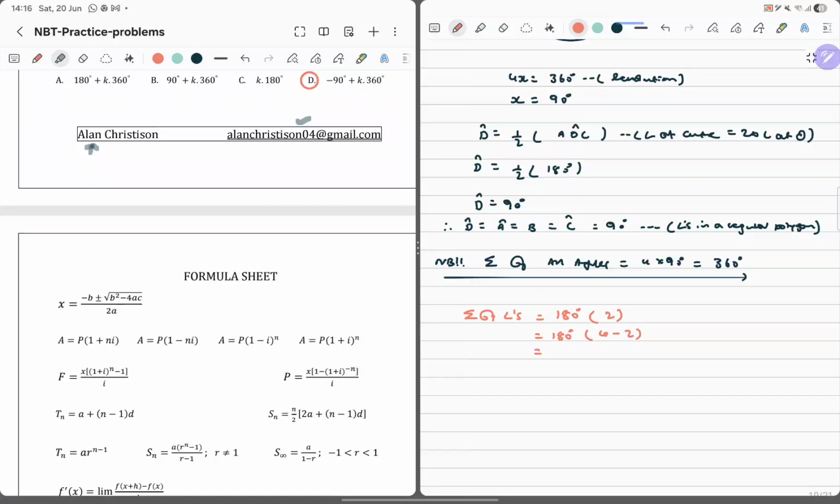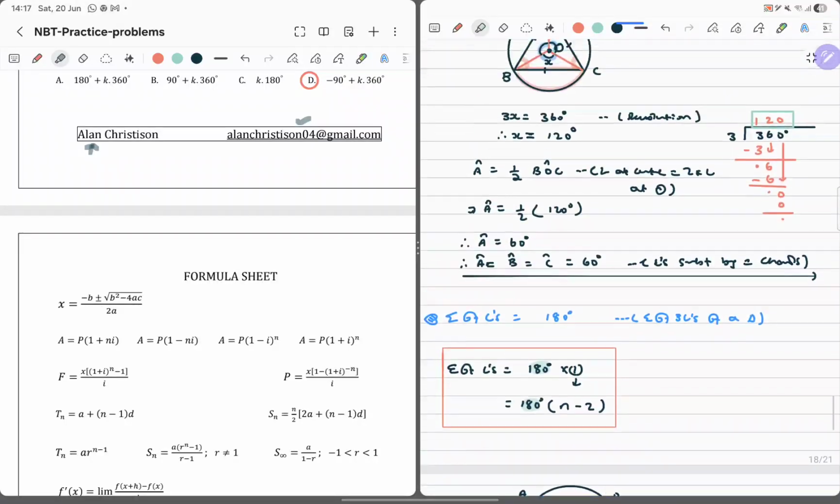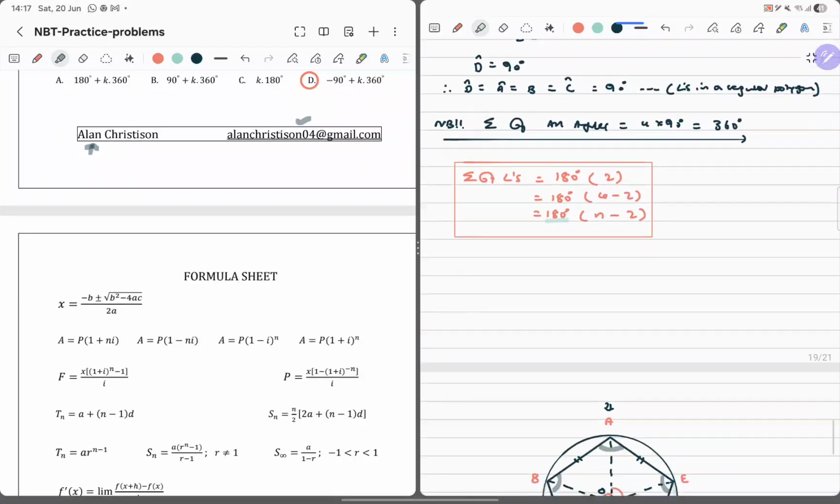So again, we can replace 4 with n because that's the number of sides of the polygon, minus 2. And we can see that this indeed will always work. So folks, these are all multiples of 180 such that we say the number of sides of the polygon minus 2. So this is how we find the sum of angles in a polygon.